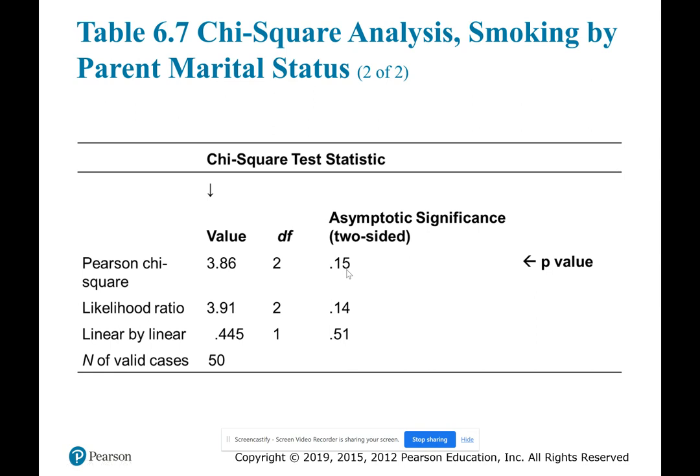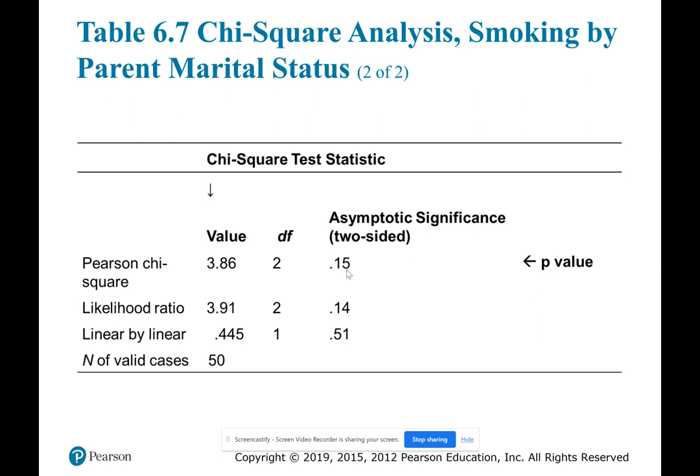Remember, your alpha level is the maximum level of risk that you're allowed, that the differences are due to chance. Okay, so this should be less than 0.05 or your set amount, like we talked about. So with the p-value of 0.15, that's higher. So what does that mean? Your test results are not statistically significant, okay?